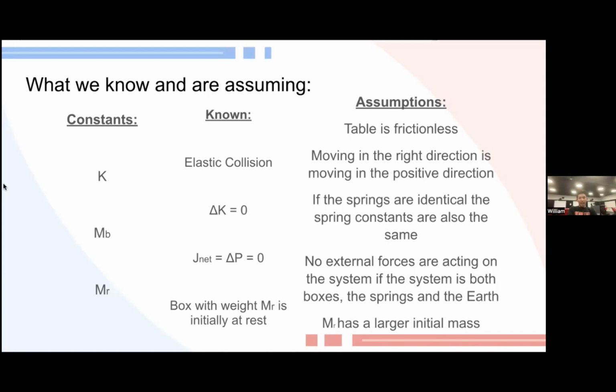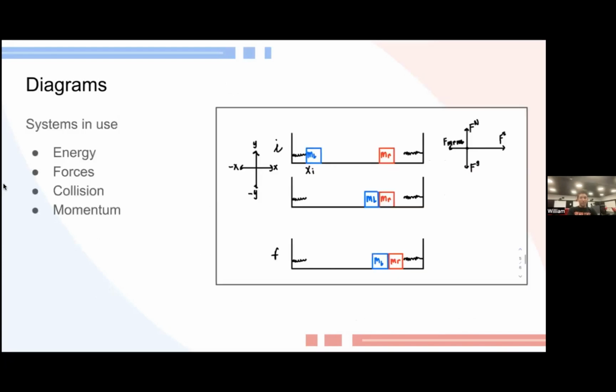And the red block has a larger mass than the blue block. In our diagram, the systems in use are going to be energy, force, collision, and momentum. As we said earlier, going to the right is positive X and going to the left is negative X. Up is positive Y and down is negative Y, but in this problem we are mainly looking at the X axis.